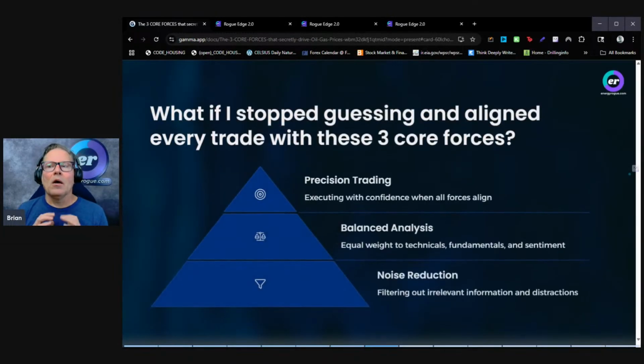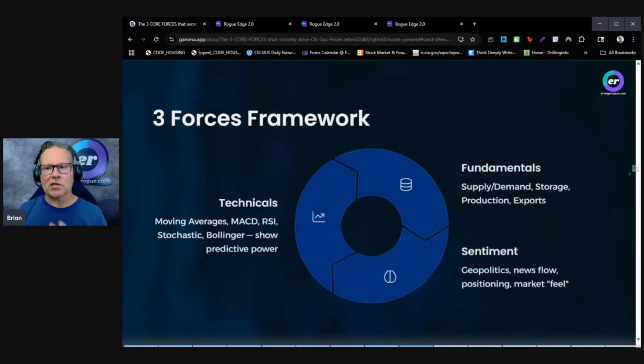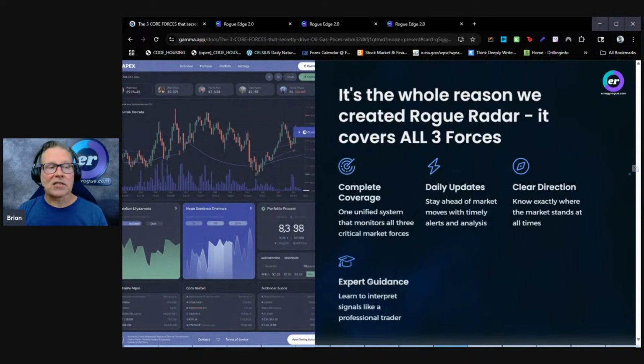So what if I stopped guessing and aligned every trade with these core forces, with precision trading, balanced analysis, and noise reduction? This is the three forces framework that combines technicals, fundamentals, and sentiment. It's the whole reason that we created Rogue Radar.